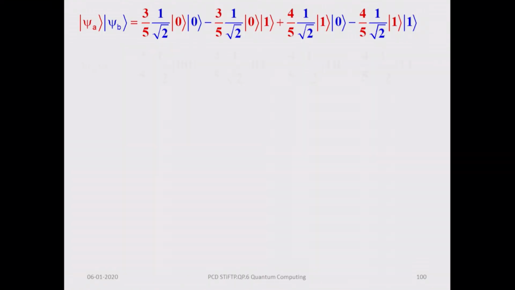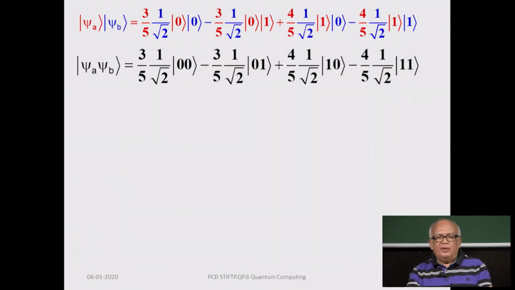So, let us carry out this multiplication, and now we write the two qubit systems not as ket of one multiplying the ket of the other, but a ket representing the two qubits. So, we use only one ket symbol, right.